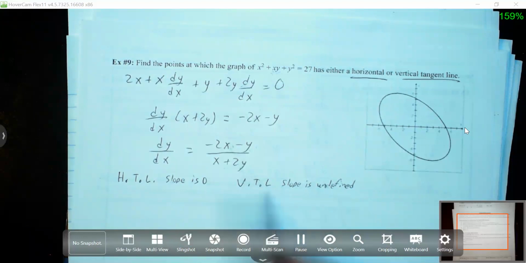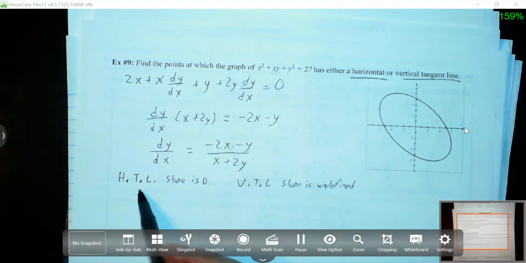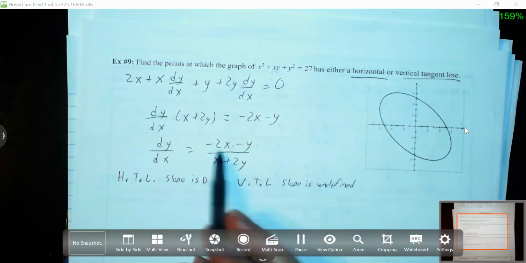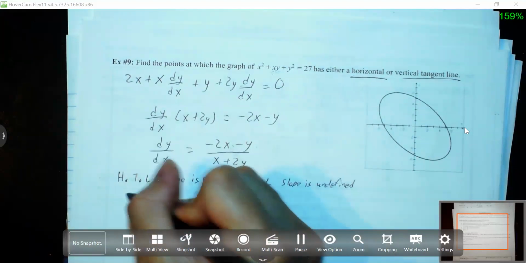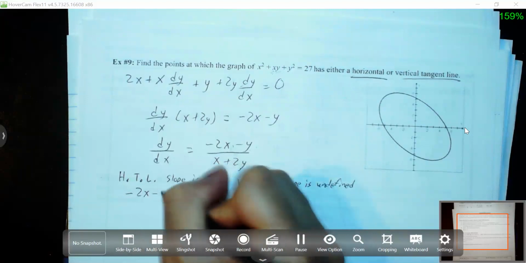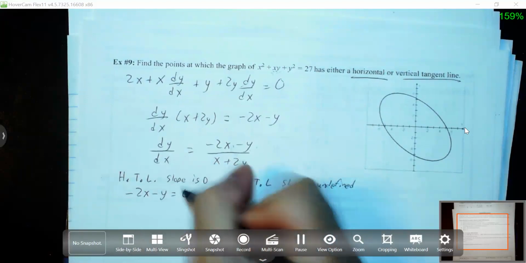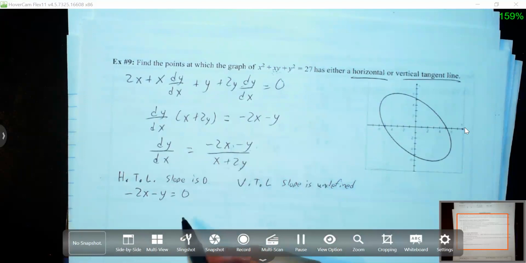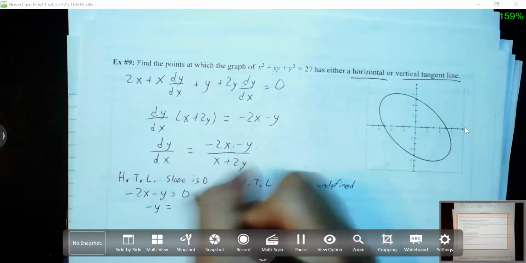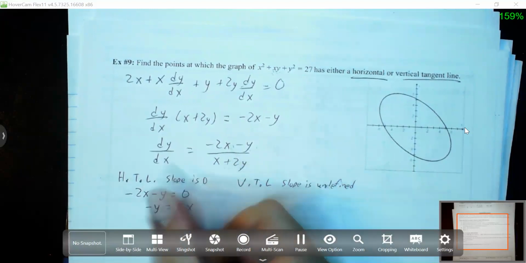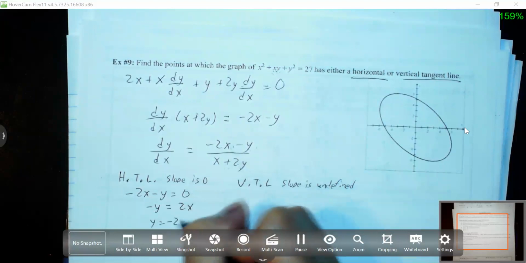So to find where my horizontal tangent line is, I'm going to put the top equal to 0. So I end up with negative 2x minus y is equal to 0. And of course, I'm just going to solve for y here. And so I get y is equal to negative 2x.